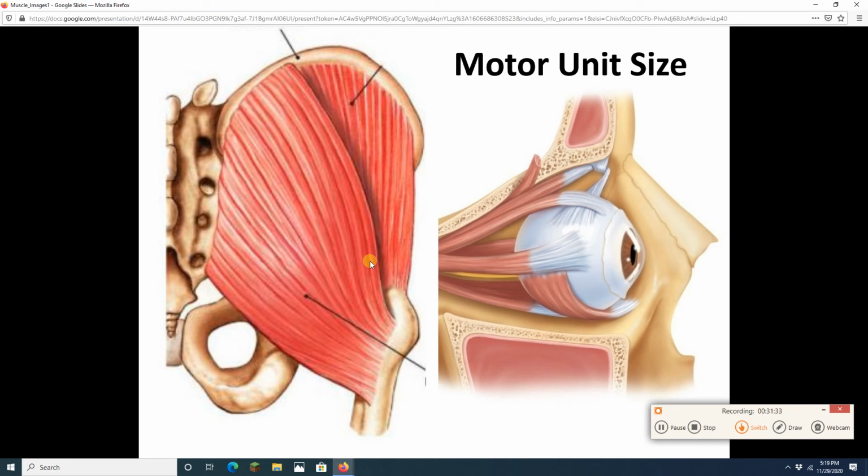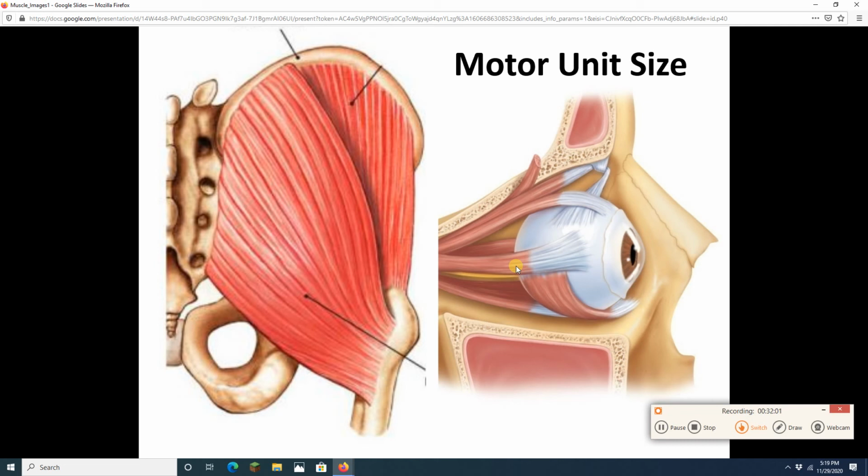You can generate tension in your lateral rectus in smaller steps, leading you to finer movements. So the point I'm trying to make here is motor units vary in size. Different muscles have different sized motor units. Smaller motor units lead us to finer movements. So your eyeballs, your fingers, places where you need fine, delicate movements, you need small motor units.